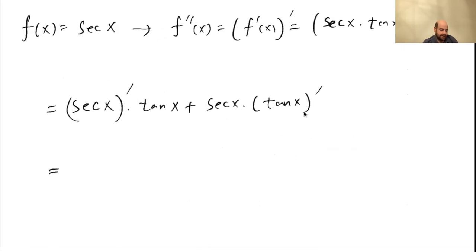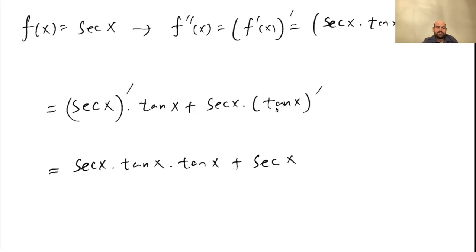So let me replace the derivative of secant x by secant x times tan x, and then there's another times tan x here, so times another tan x, plus secant x times the derivative of tan x.